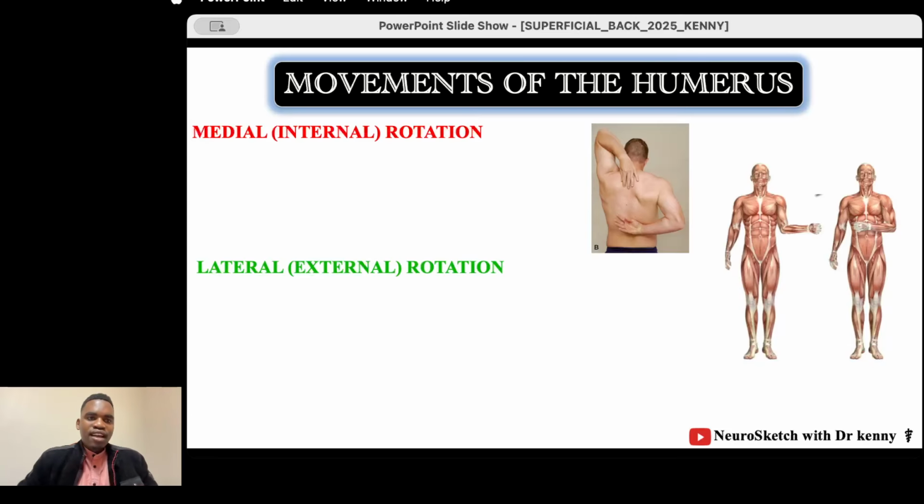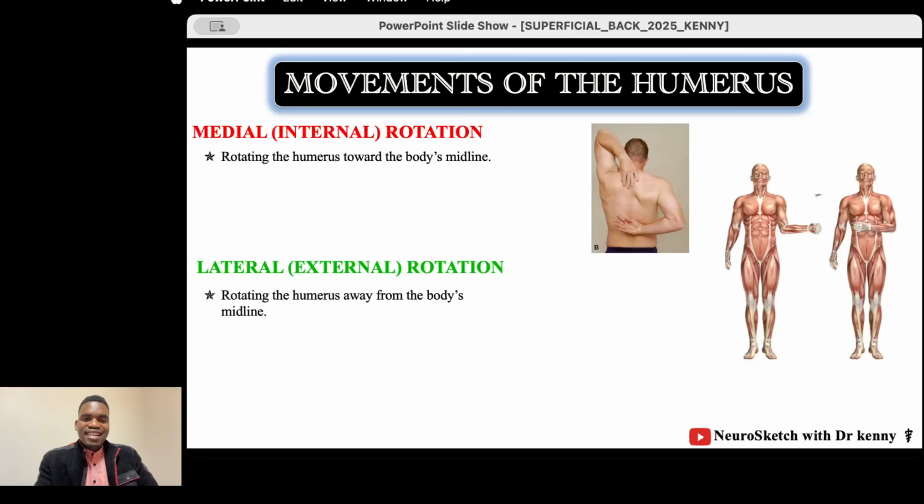So medial rotation and lateral rotation. In medial rotation, the humerus rotates towards the midline. For example, when you want to touch the other arm, for sure you have to rotate this arm medially to flex it over here.